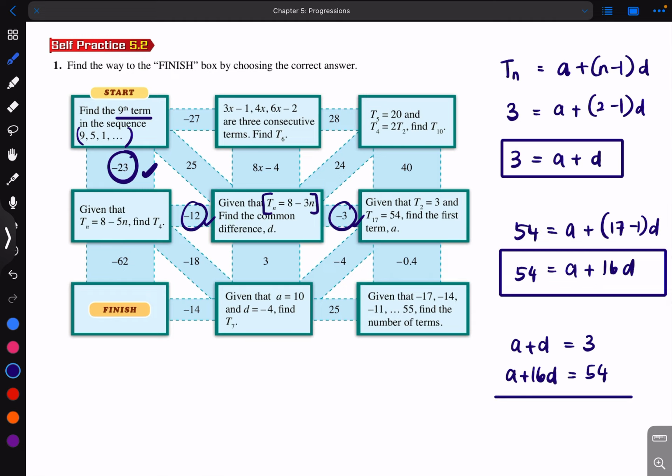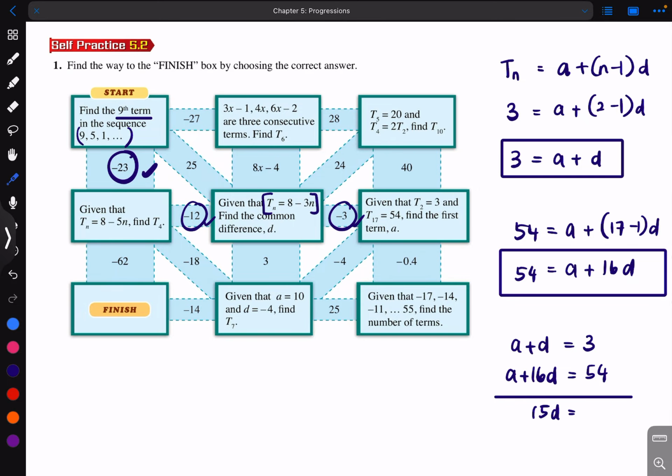Looks like we can just minus off. So this equation minus this equation. A minus A, we get 0, cancels off. 16D minus D, we get 15D.